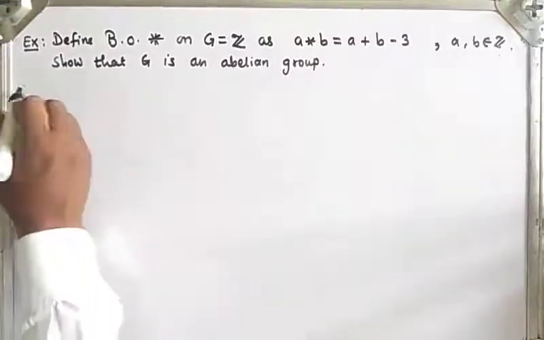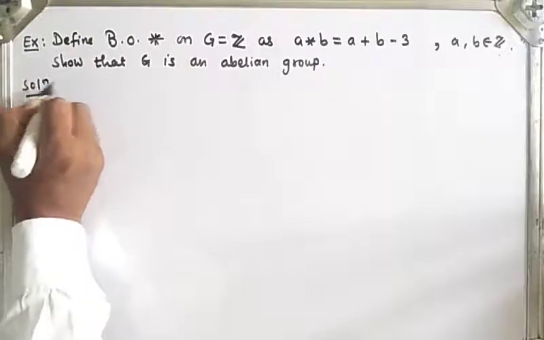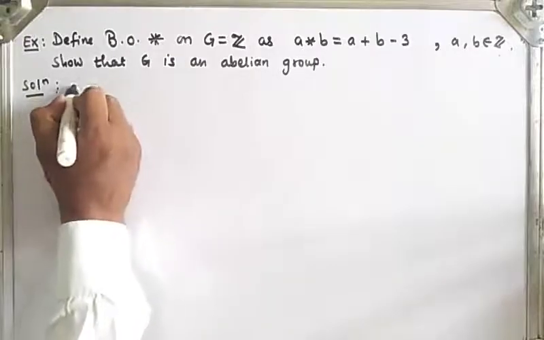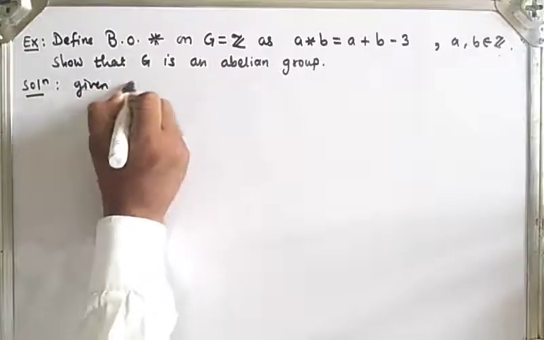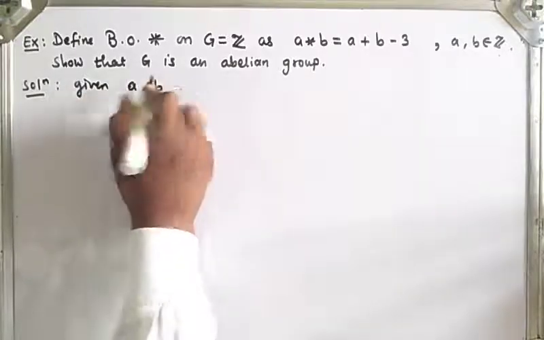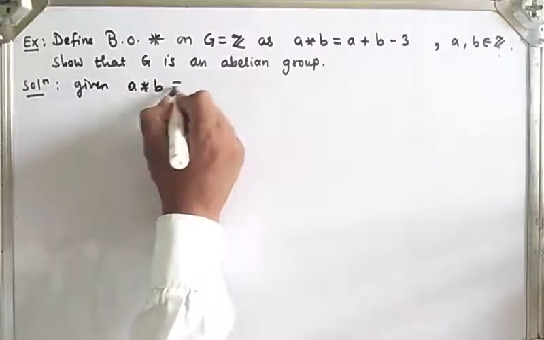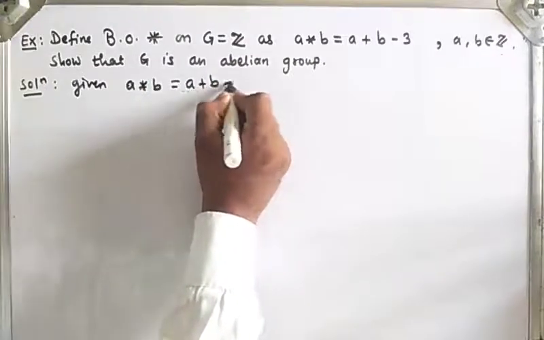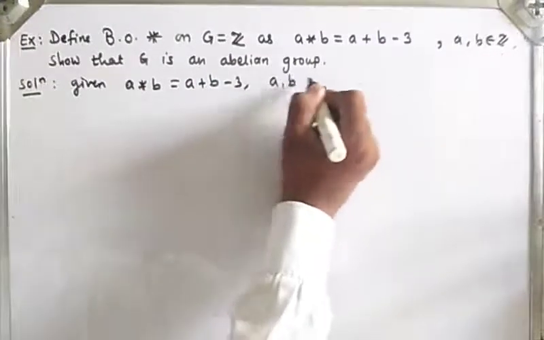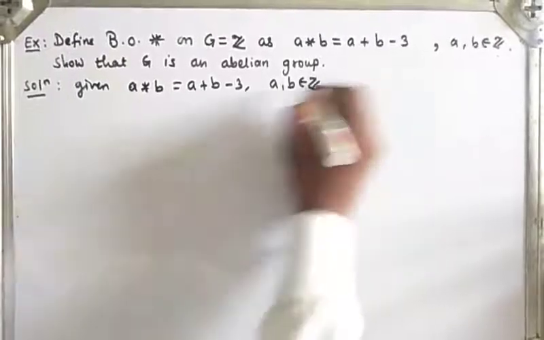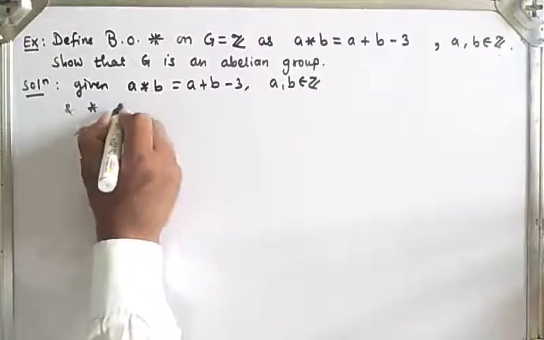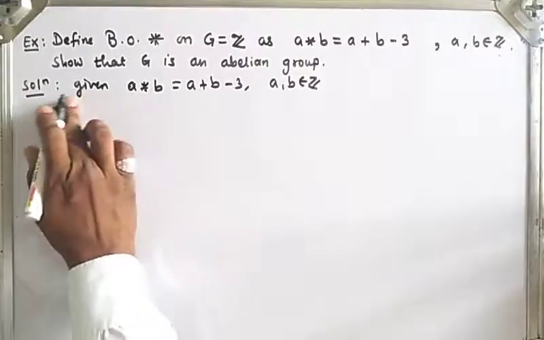So let's check the solution. Here, given a star b is equal to a plus b minus 3, where a, b belong to Z, and star is the given binary operation.